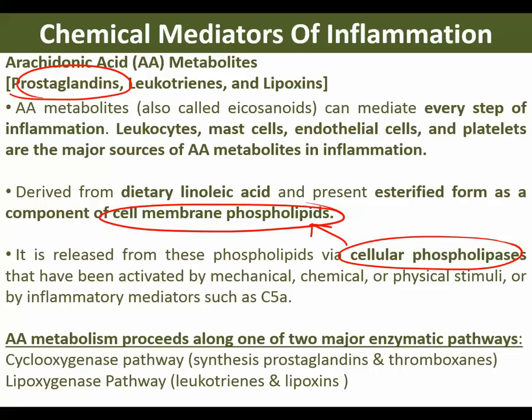They break the phospholipid and form arachidonic acid. Once the arachidonic acid is formed, we have a special enzyme called cyclooxygenase. Cyclooxygenase breaks the arachidonic acid and synthesizes prostaglandin.